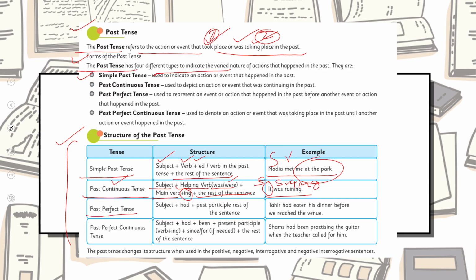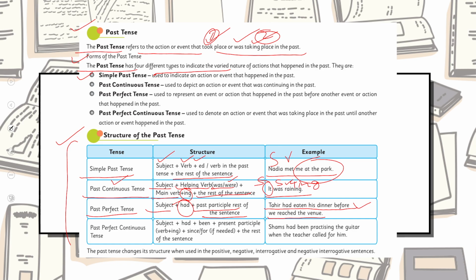Past perfect tense will be the subject plus had plus the past participle of the verb and then the rest of the sentence. For example, Tahir had eaten his dinner before we reached the venue. All right. So there are two actions happening, one happening before and one happening after. So that's why we use the past perfect tense, to show how actions are happening before or after.